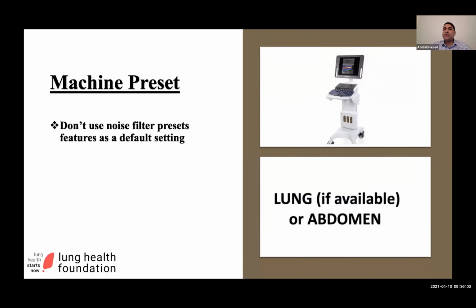In lung ultrasound, you are dependent on seeing the artifacts. Usually the representative of the company will help you make a preset for lung. But if you don't have one and you have one for abdomen, that should be fine. Both of them work fine for lung ultrasound.